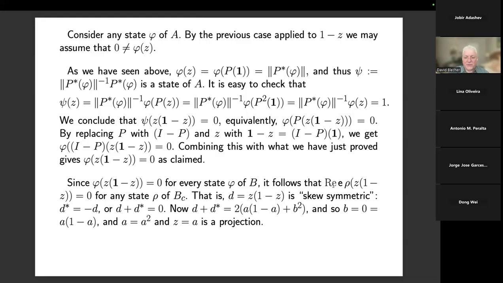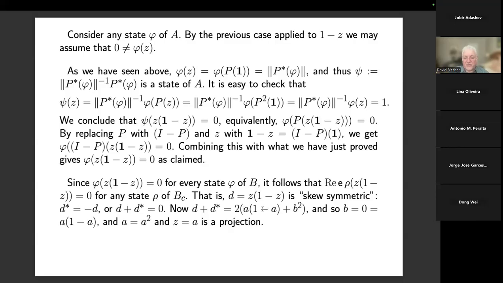So it follows that, I'm sorry, there's a typo here, this identity, when you look at it in the complexification, is saying that the real part of the complexification of phi of rho of this element is 0 in the complexification, which shows that this element is skew symmetric. In other words, its adjoint is its negative, or d plus d star is 0.